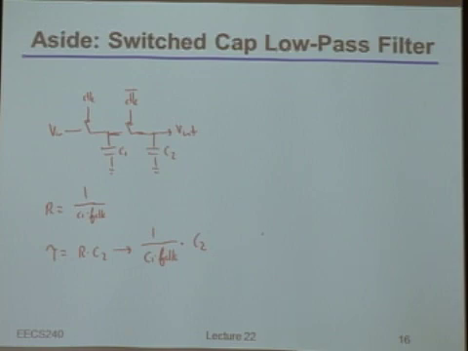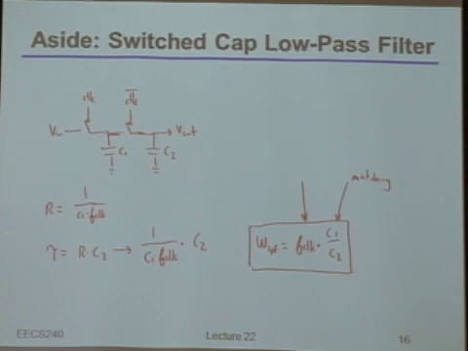Notice that basically says the cutoff frequency, or the bandwidth, of that low-pass filter is just 1 over the time constant, which is the clock frequency times C1 over C2. And notice, this ratio is just set by matching. As long as C1 and C2 are built out of the same unit cells, you can make that ratio very precise.